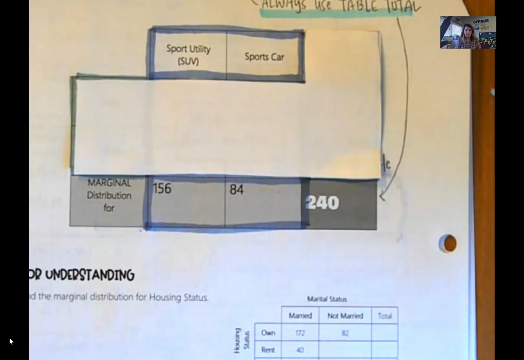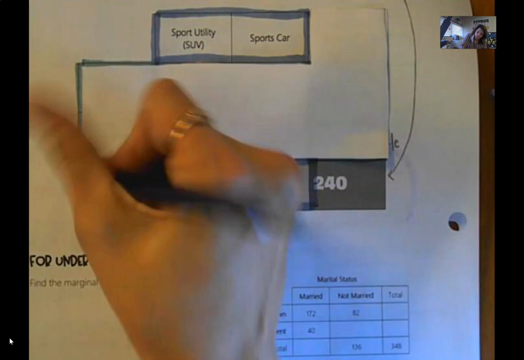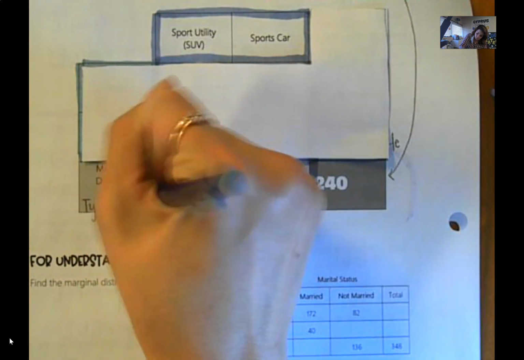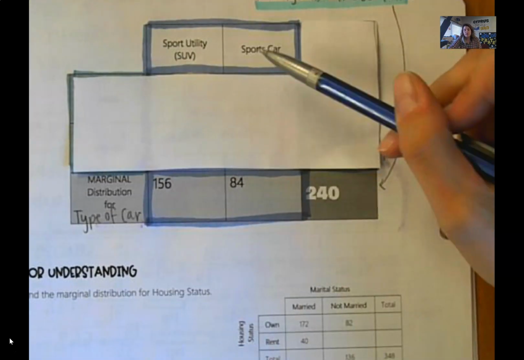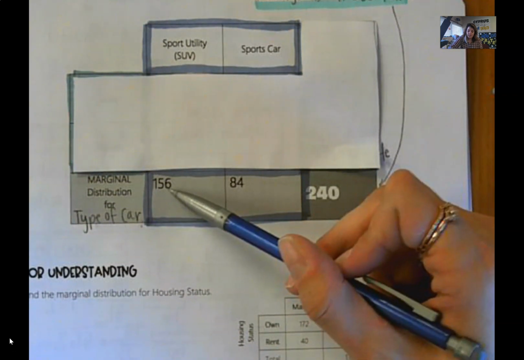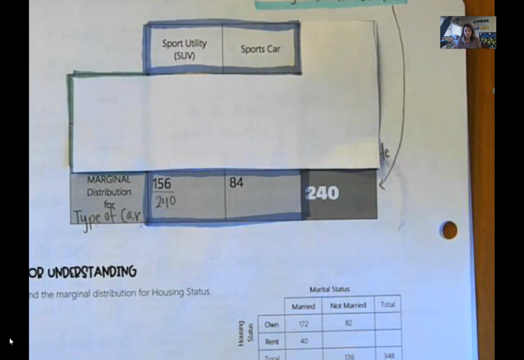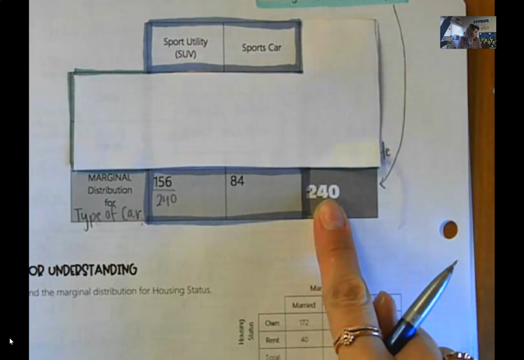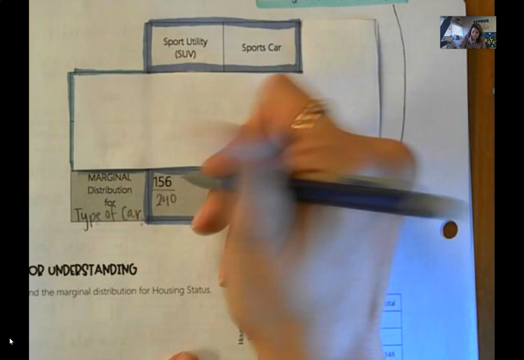If they're asking me for the marginal distribution for type of car, I only care about the totals for the type of car variable. So I have that 156 out of 240 were an SUV. Notice we're using the table total once again. I changed that to a percent, and that is 65%.